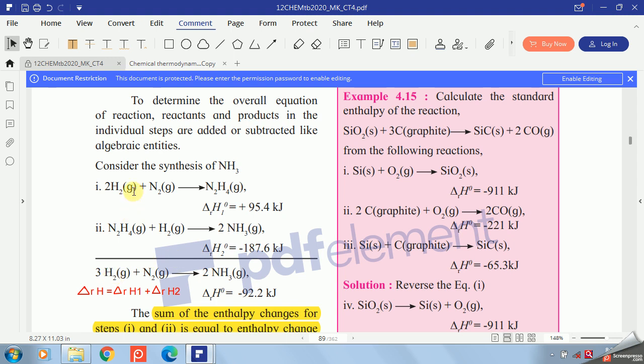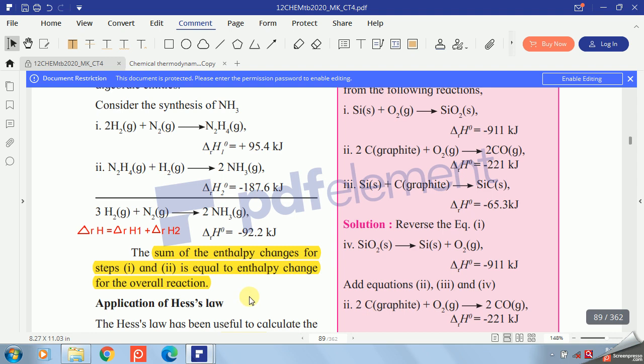So 3H2, 2 plus 1, plus N2; N2H4 gets cancelled, and on the product side we get 2 NH3. What is the enthalpy of the overall reaction? It is the enthalpy of reaction 1 plus enthalpy of reaction 2. If we add these two, subtracting 95.4 from 187.6, your answer is minus 92.2 kilojoule per mole. So the sum of the enthalpy changes for steps 1 and 2 is equal to the enthalpy change for the overall reaction.